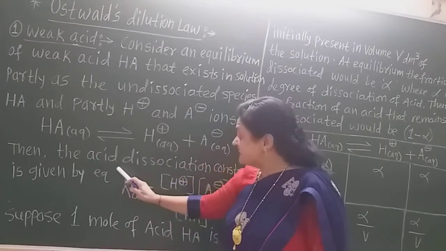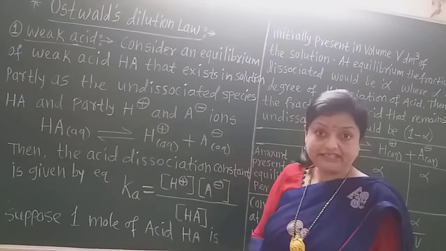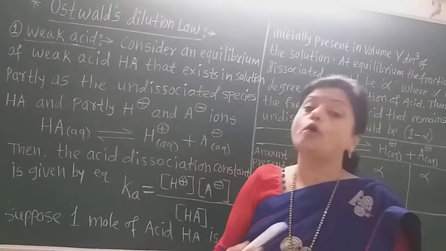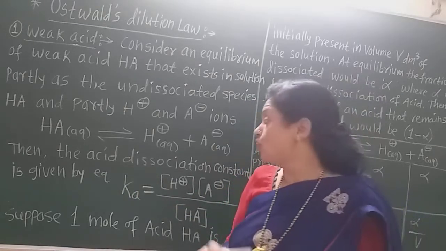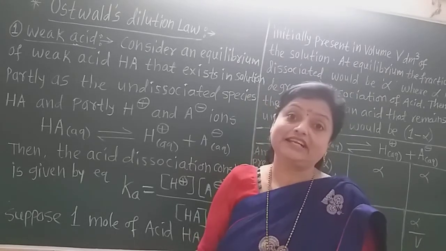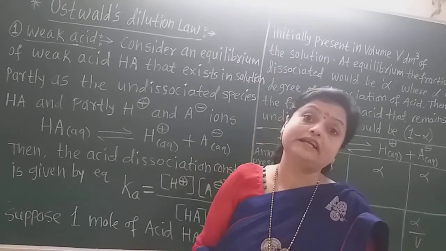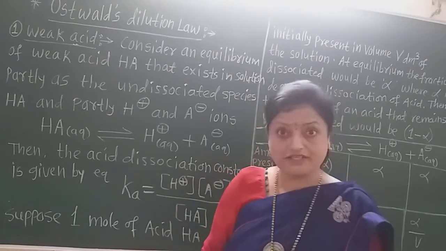Now the acid dissociation constant is given by the law of mass action. The law of mass action is nothing but the constant of the concentration of the multiplication of products divided by the multiplication of reactant concentrations.